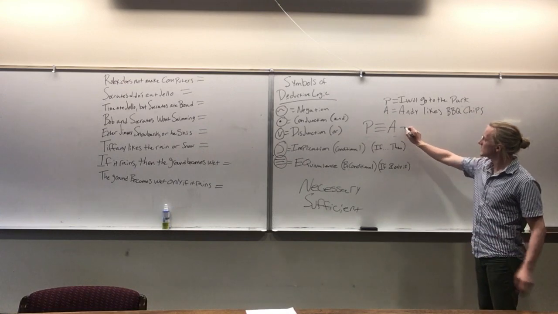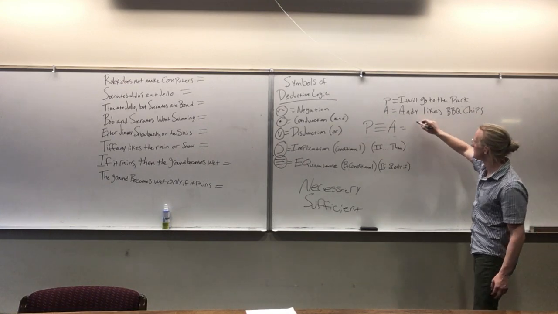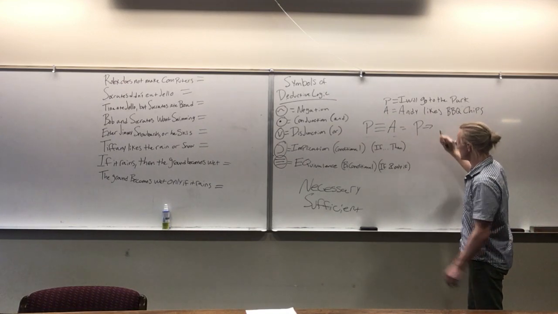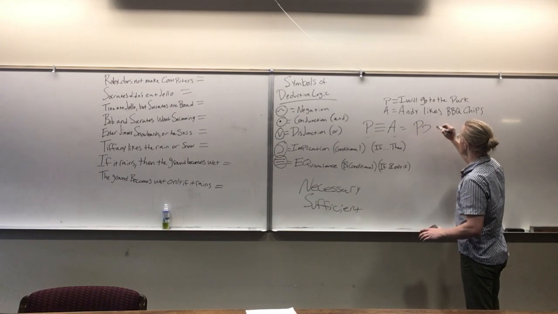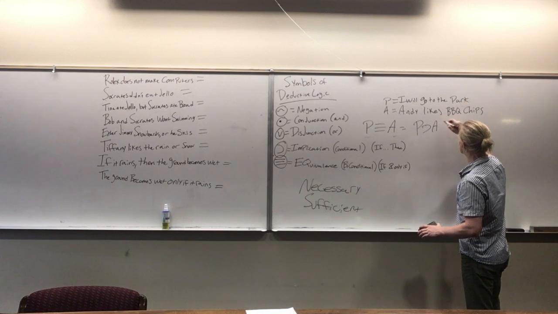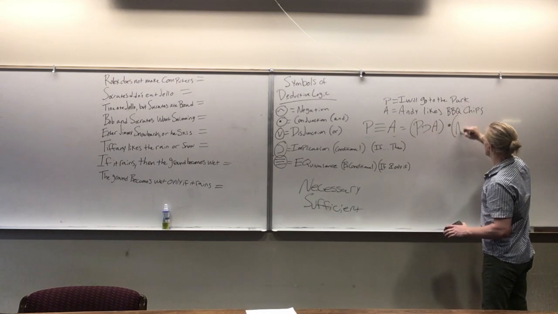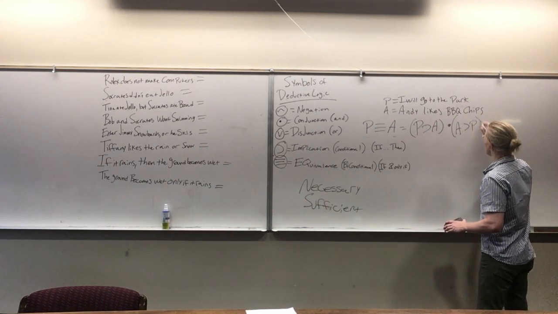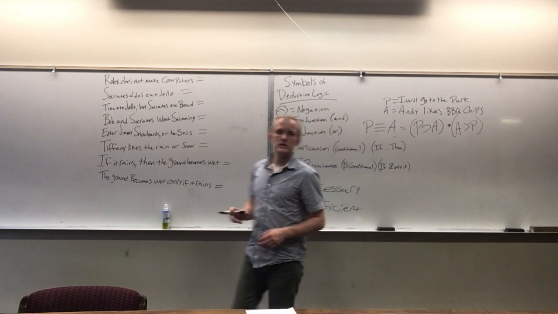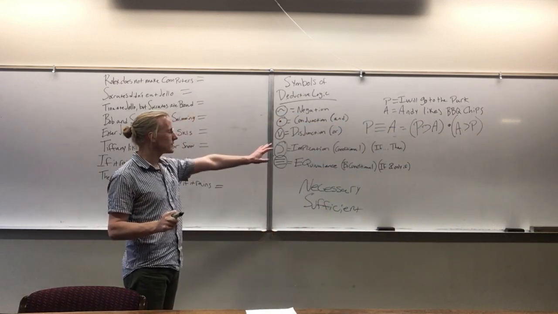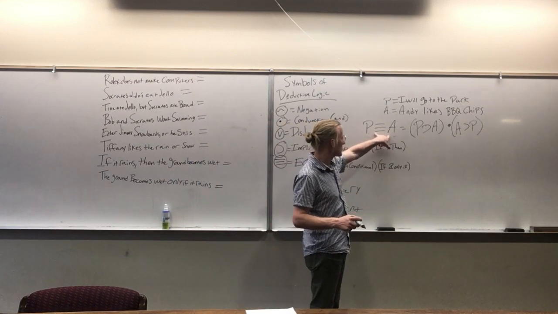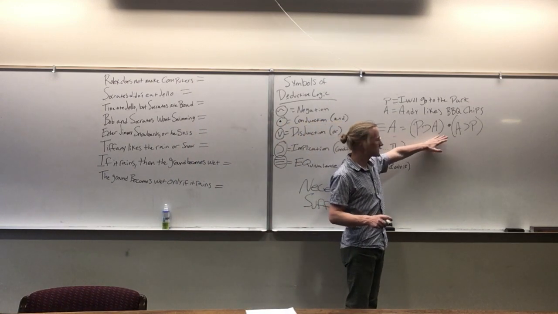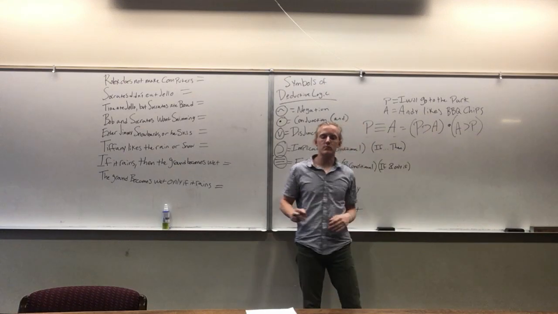This sentence is logically equivalent to if P, then A, and if A, then P. So what the equivalence statement says is that this statement is the same as the double implication, the implication going in both directions.